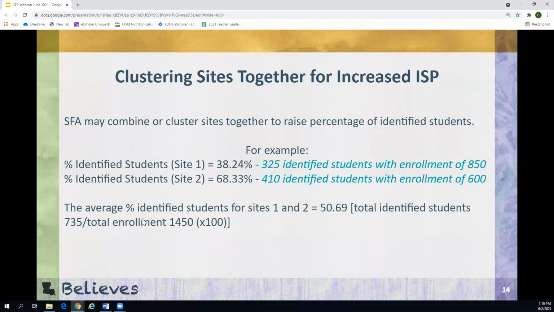So do make sure that you're adding up the actual number of students at each of those sites before you divide by the enrollment and multiply by 100. So in this example, our average identified students would be 50.69 for our total identified students.